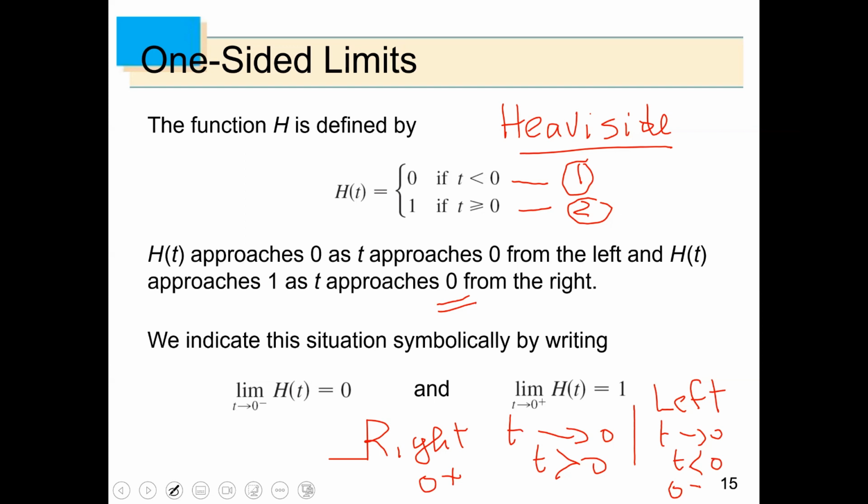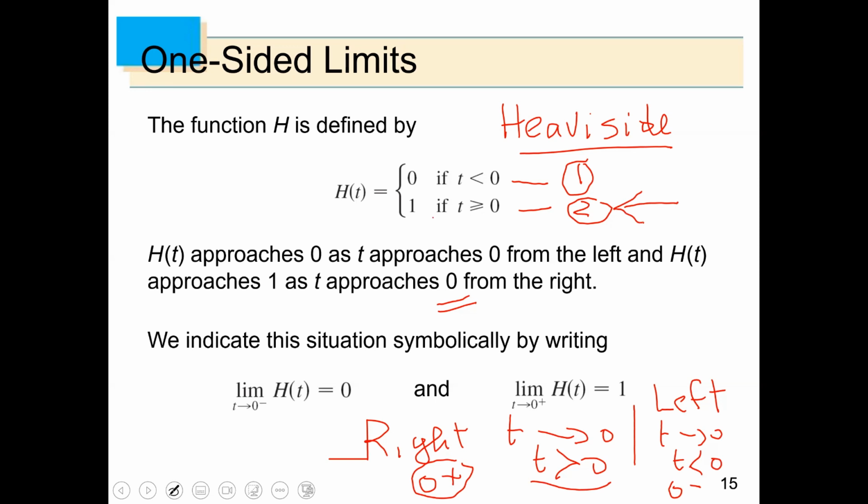We can talk about the limit not existing when right and left don't meet at the same value. They are not equal to the same value. That means that the limit at the point does not exist. And here you see for 0 plus, because t is greater than 0, I will use expression 2.